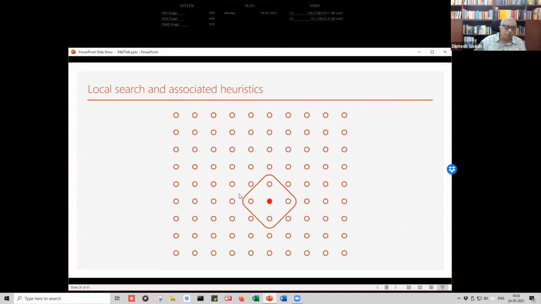Okay. Now, when I represent this in a grid fashion, then what I can say is that I can talk about a bunch of solutions which are close to my solution. Okay. So by some measure, I can say that this solution is close to my solution and this solution is not close to my solution. Now, what I define as close to my solution may vary.